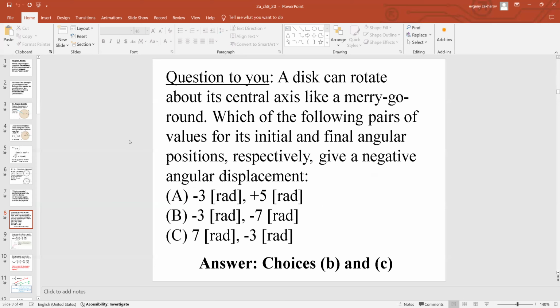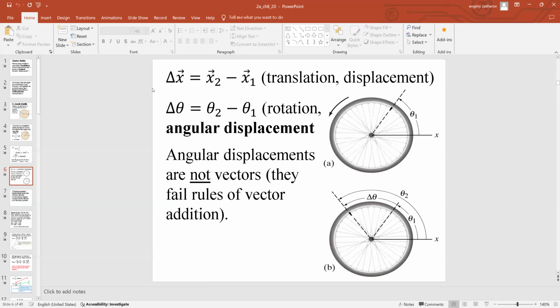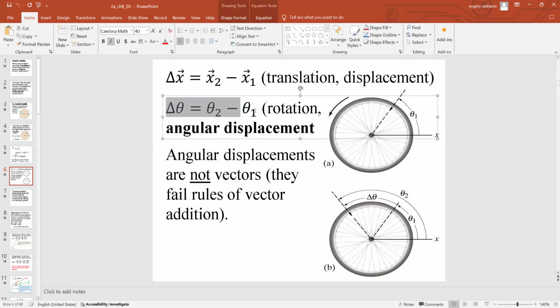So let's take a look at a disk that rotates about its central axis like a merry-go-round. Which pairs of values for its initial and final angular positions give a negative angular displacement? Once again, negative angular displacement means that the change between the final and initial is negative, a negative delta.